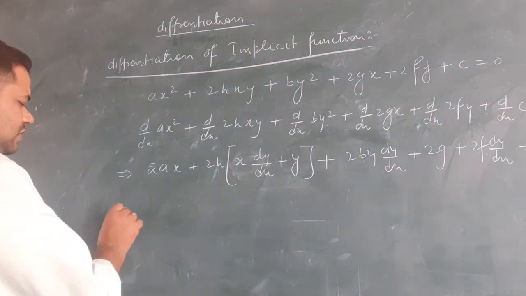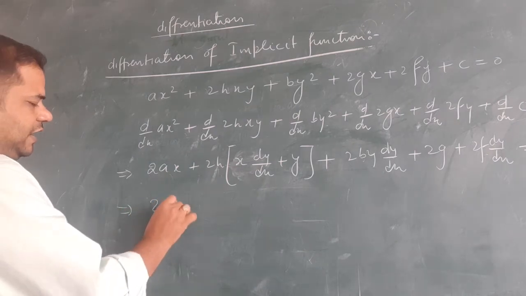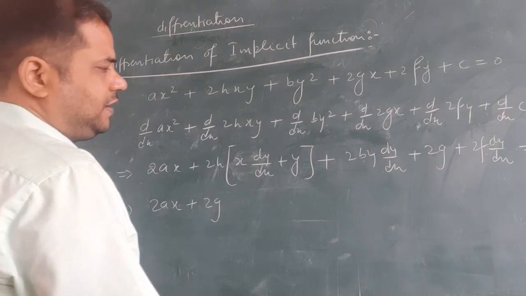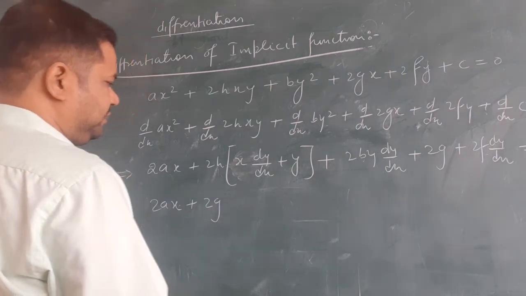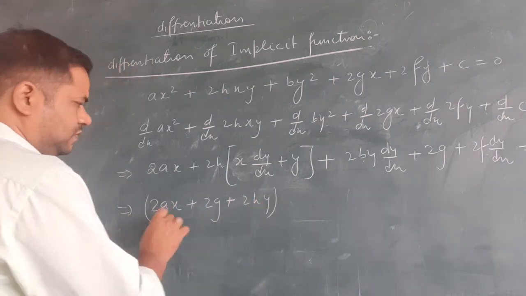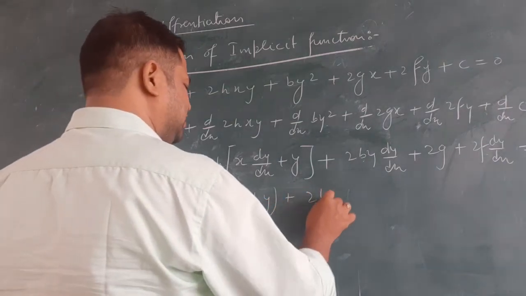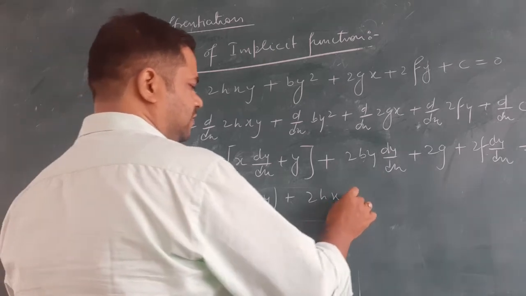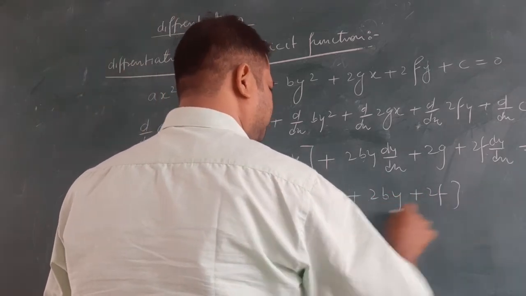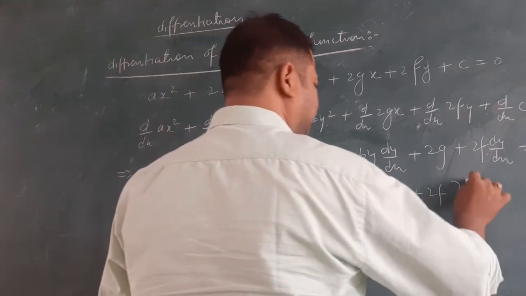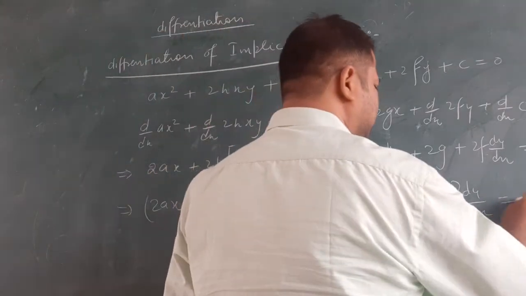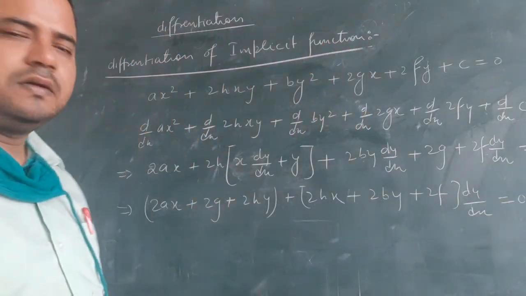Okay, so this implies (2ax plus 2hy plus 2g) plus (2hx plus 2by plus 2f) dy by dx is equal to 0.